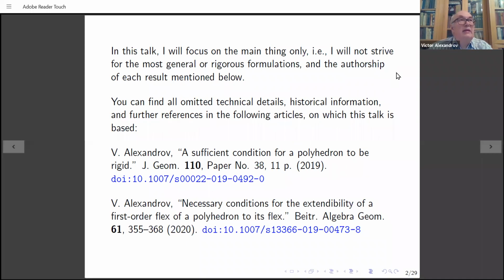But the other side of this intention is that I will not strive for the most general or rigorous formulations and will not emphasize the authorship of each result mentioned below.